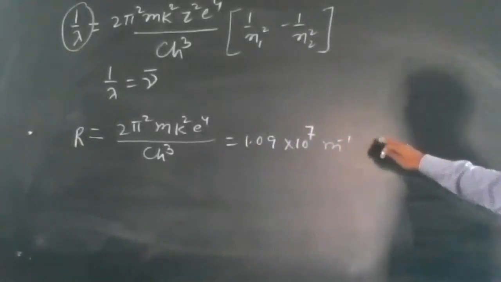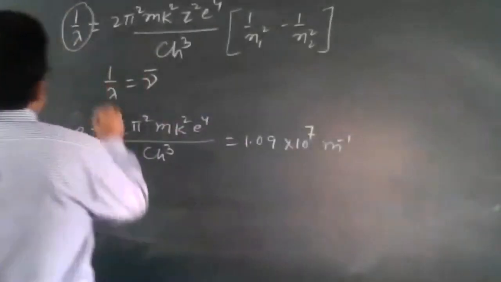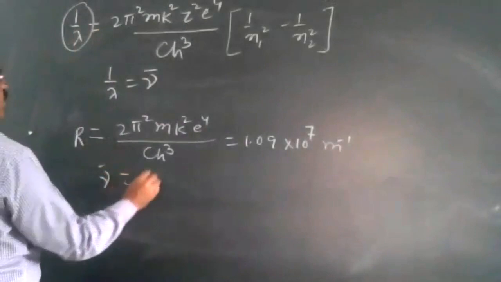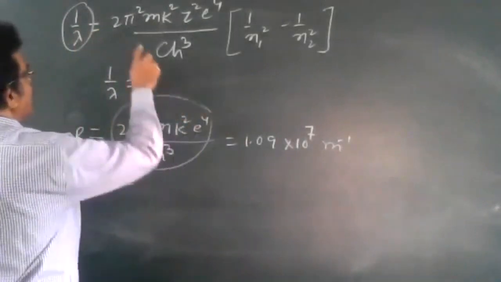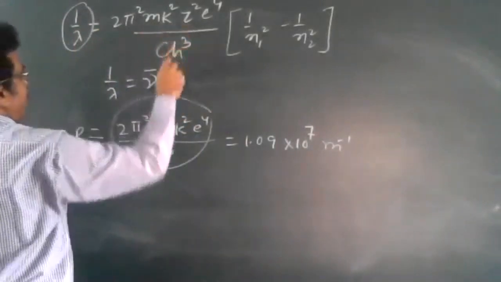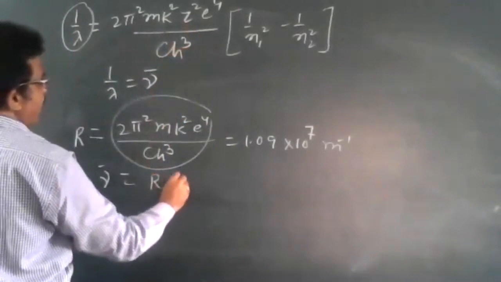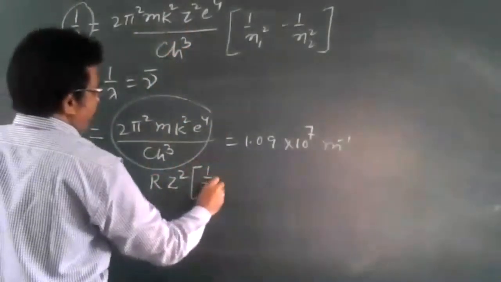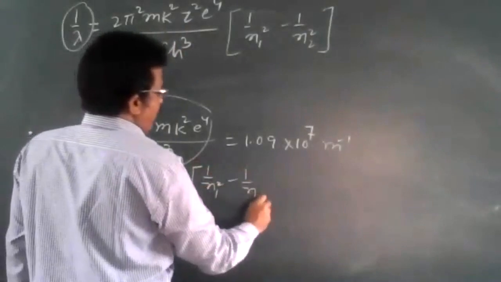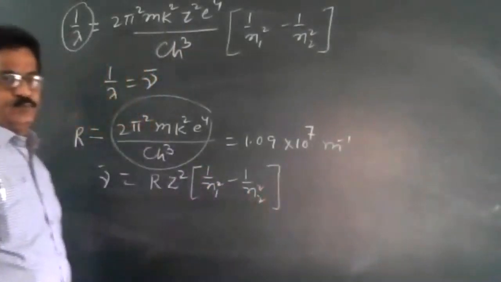So I can say nu bar is equal to R z square into 1 by n1 square minus 1 by n2 square.